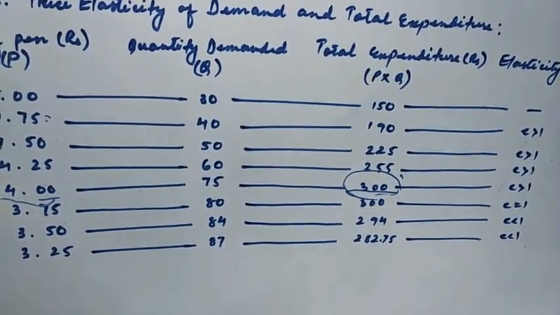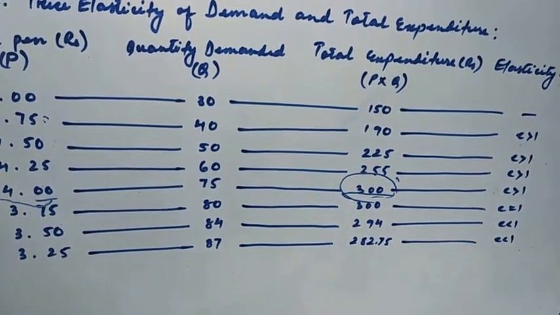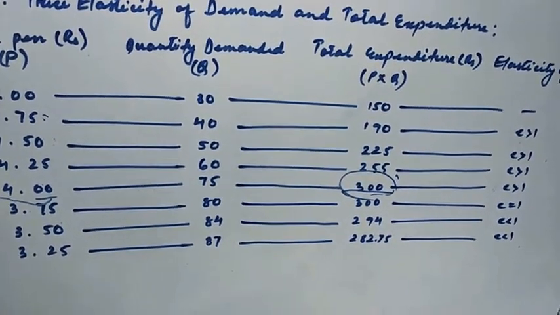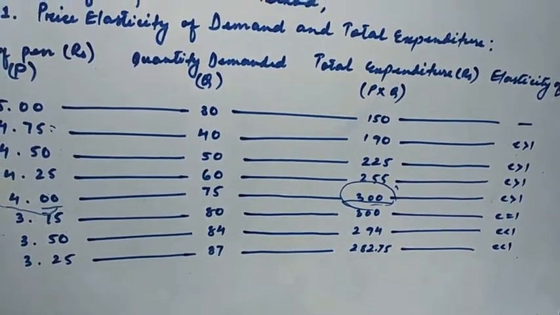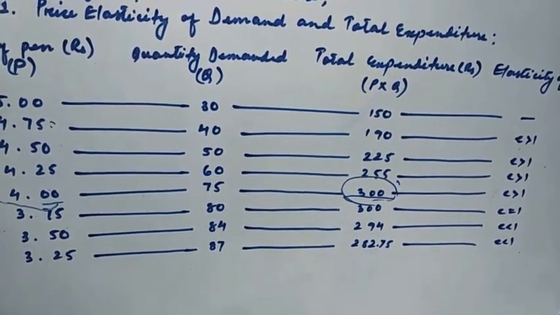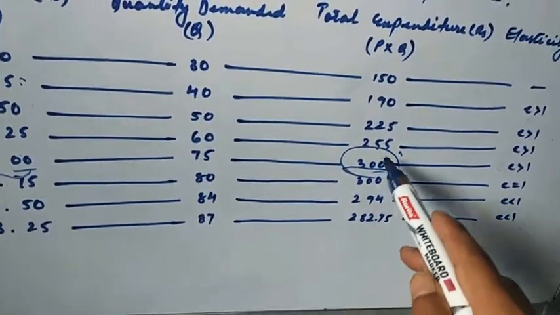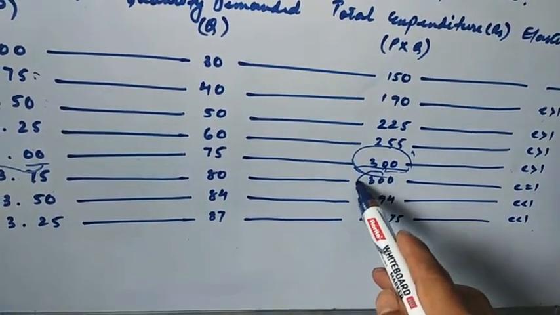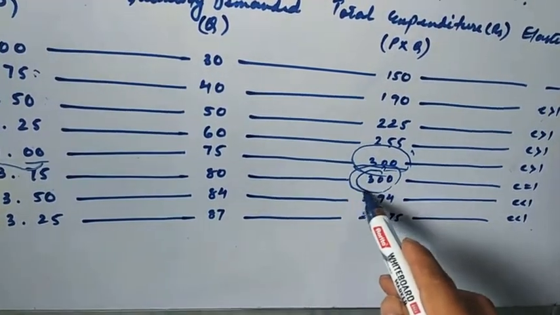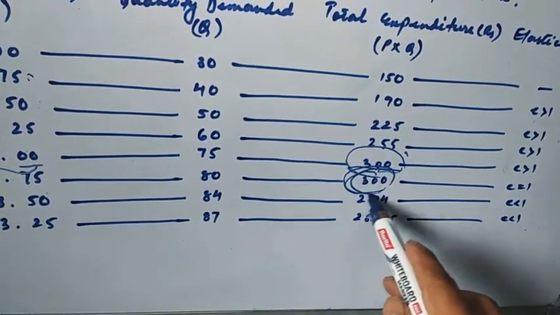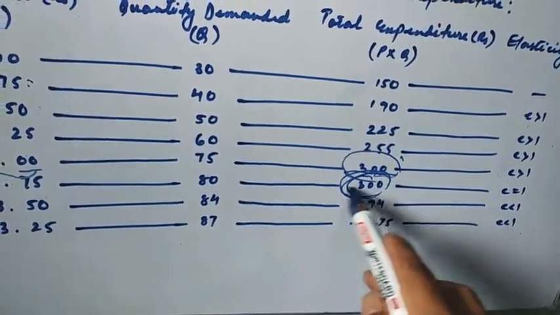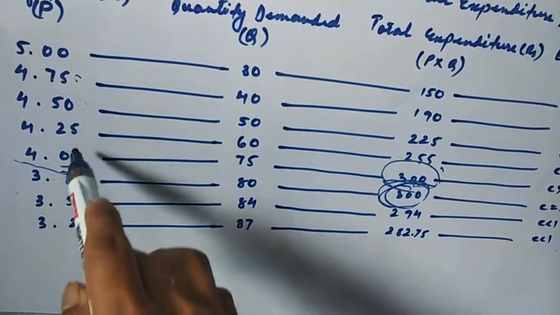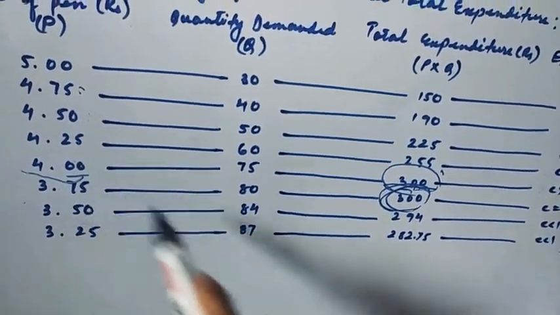So this is the case of unitary elasticity, where price elasticity of demand is equal to 1. After this 300, a further fall in the price leads to the same total expenditure. It does not increase anymore.